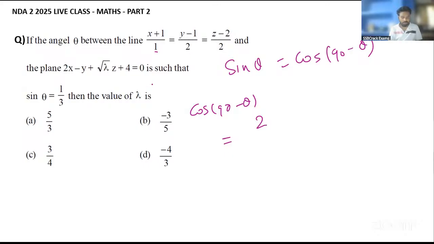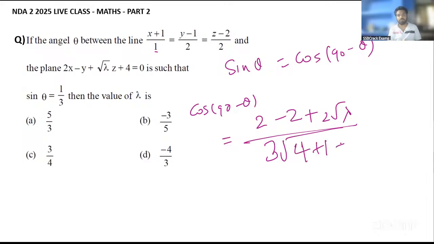Then 2 into minus 1, it is minus 2. Then 2 into root lambda, it is 2 times root lambda upon 2 minus 2 plus 2 into root lambda upon 3 times root of 2 square 4, 1 square 1, and root lambda square root lambda.